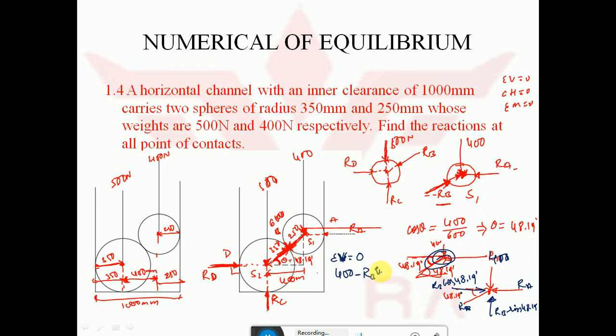So 400 minus RB sine 48.19 degrees is equal to 0. So RB is equal to 400 divided by sine of 48.19 degrees. So RB will be equal to 536.66 Newton. Now if I apply the summation of horizontal, I know the value of RB, that is RB cos 48.19, and RA, that will give the solution of RA.